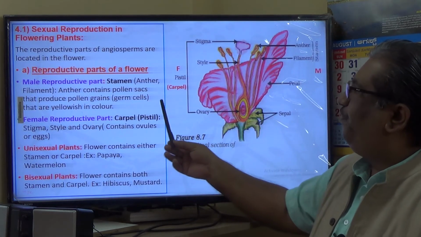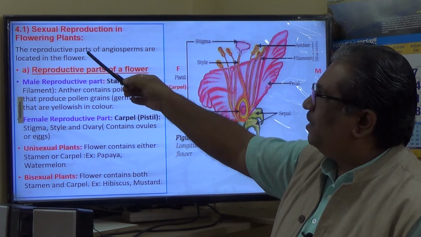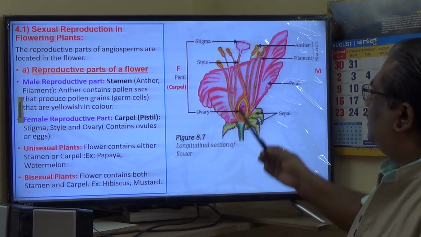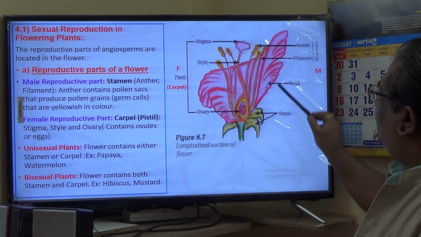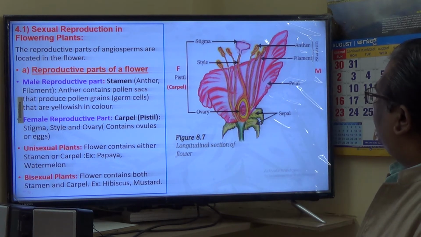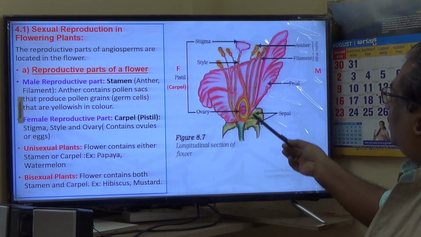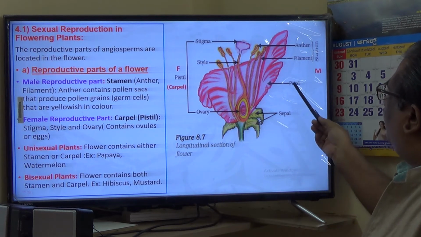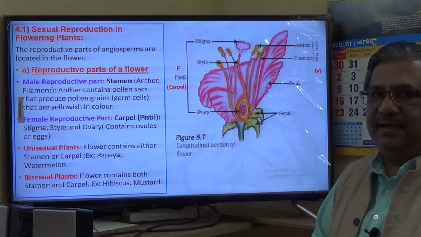So here, sexual reproduction in flowering plants, reproductive parts of the flower. This is the diagram taken from your textbook. Let us understand the different parts over here. Mainly sepals at the bottom of the flower, then petals, which are colorful in order to attract insects such as bees.